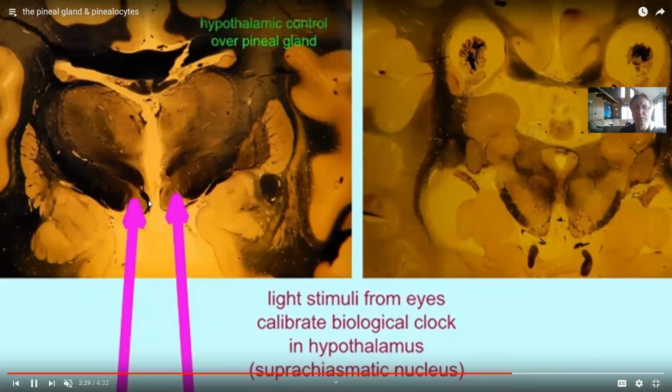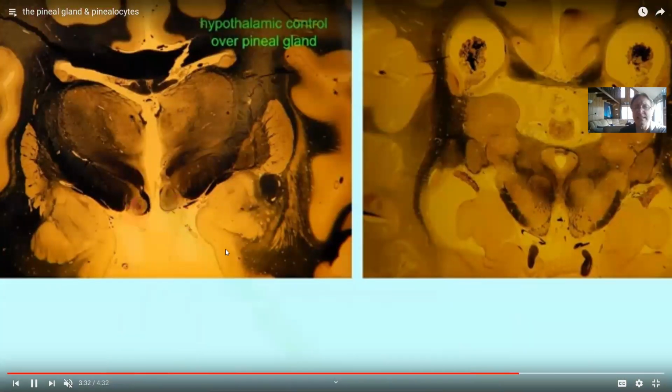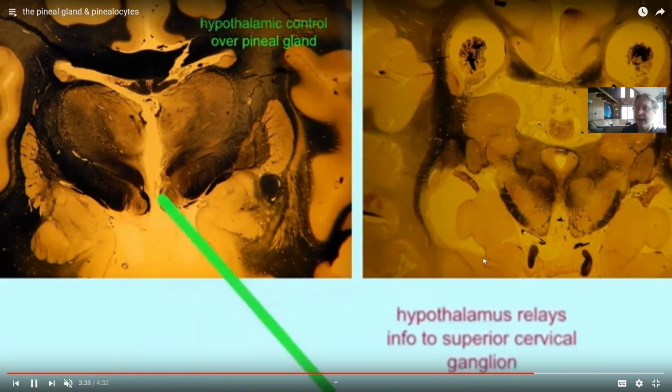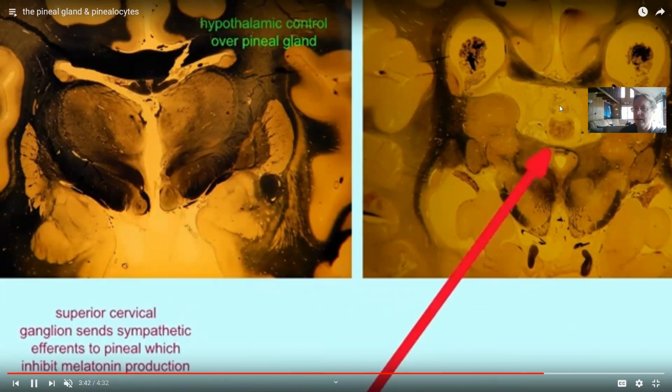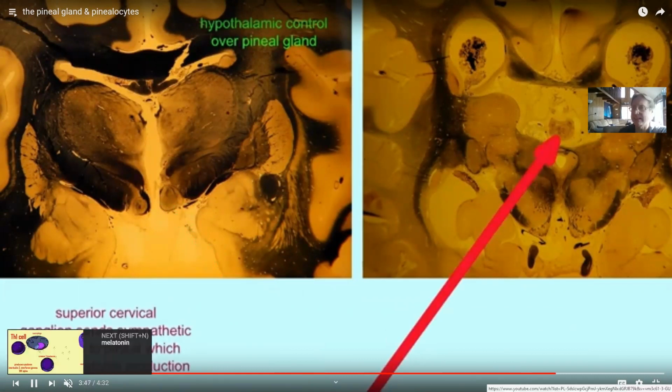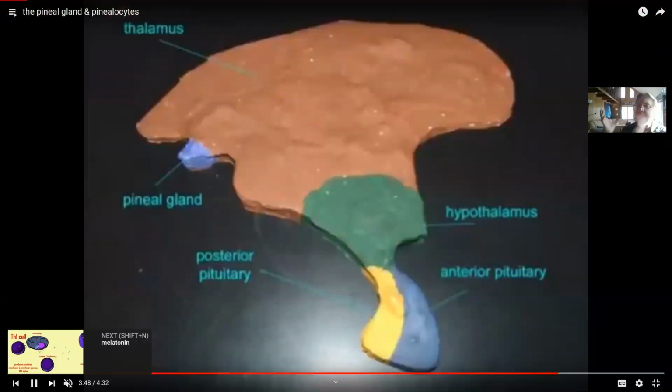So if you remember, the suprachiasmatic nucleus gets input from the eyes and then sends input to the pineal gland. So the pineal gland is still being told when it is day versus night, but it no longer is detecting light directly. In many vertebrates, the pineal gland expresses opsins, which detect light.